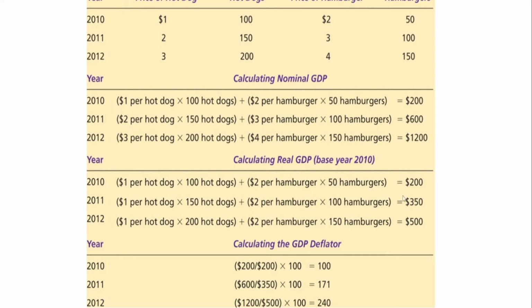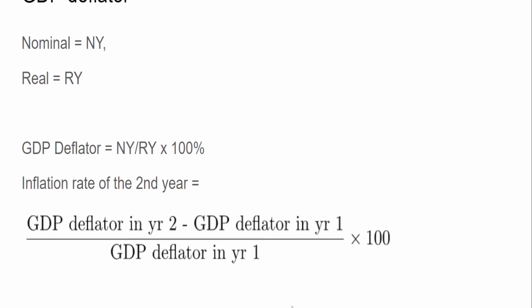The first year is always the same because it's the base year, but after you calculate, it's 350 for the second and 500 for the third one, and then we can calculate the GDP deflator. GDP deflator is basically nominal GDP divided by real GDP. We will mention this later, but I just want you to know that this is nominal divided by real times 100.